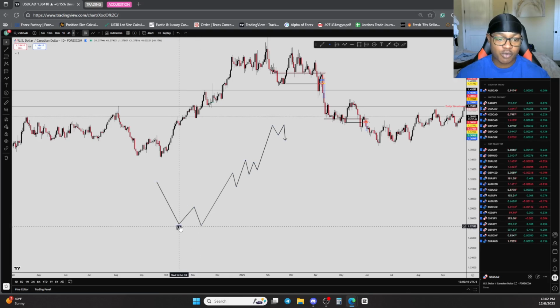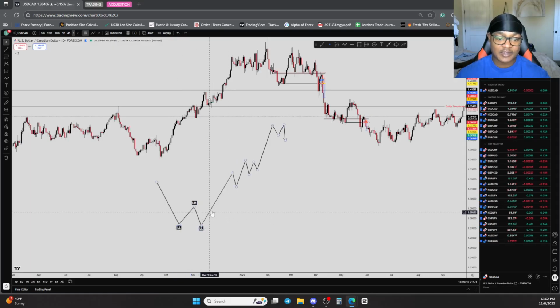What do we know when price breaks past our recent lower low? We know price has to have a lower high. So this high point, the last high point in the market that presented us with the break past our lower low, will be our new lower high. And this will be our new lower low. And then what happened?